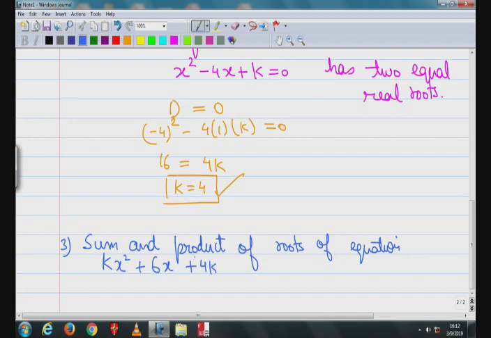The sum and product of the roots of the equation are equal. Then find k. What is the value of k? The sum and product of roots of the equation kx square plus 6x plus 4k is equal to 0 are equal.